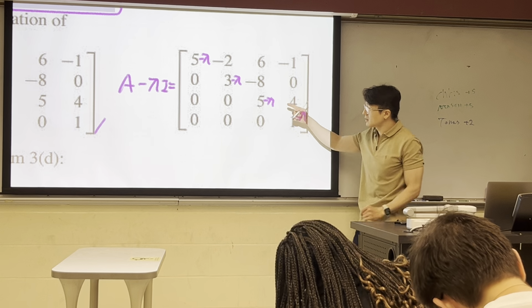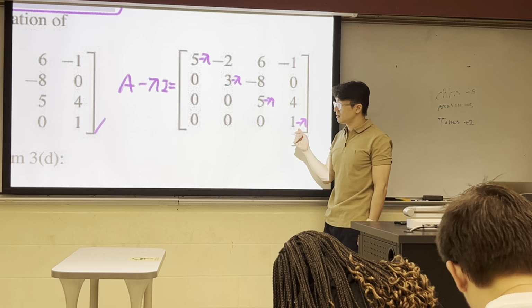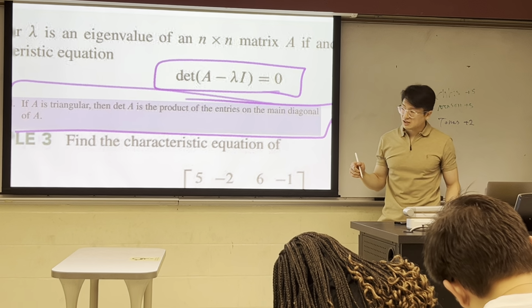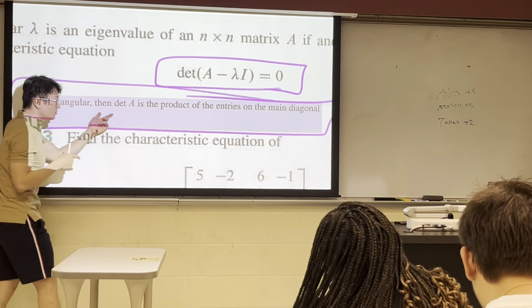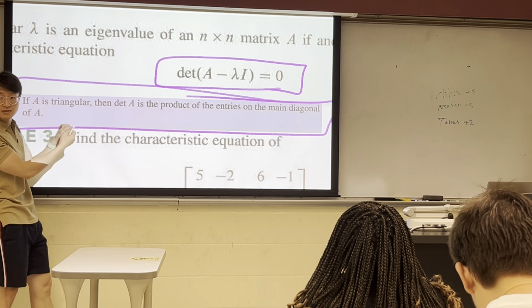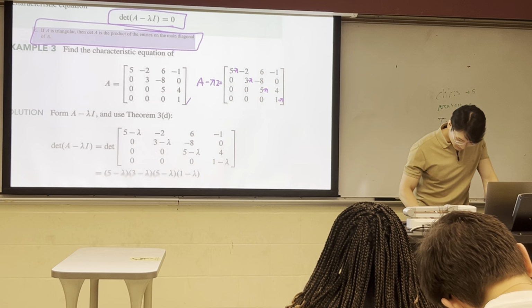And I ask, find the determinant of this matrix. What do you do? Yes, because if the given matrix is triangular, then to find the determinant you just multiply the entries on the main diagonal.